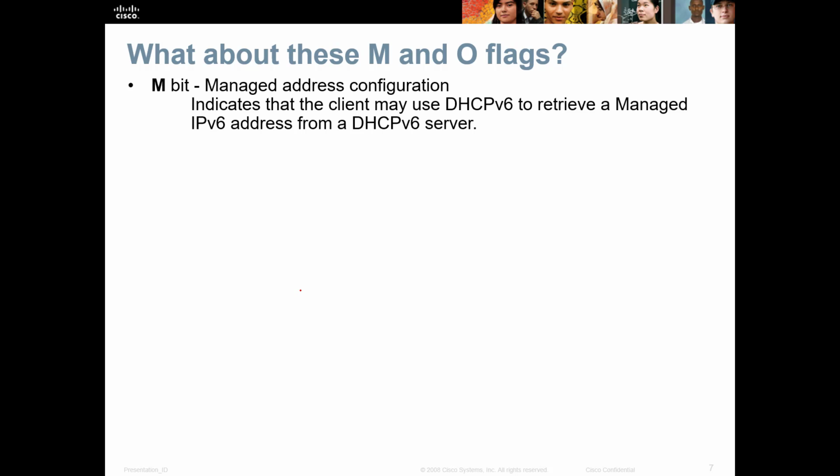So what about these M and O flags. The M flag means managed bit, managed address configuration. So it indicates the client may use DHCPv6 to retrieve a managed IPv6 address from a server.